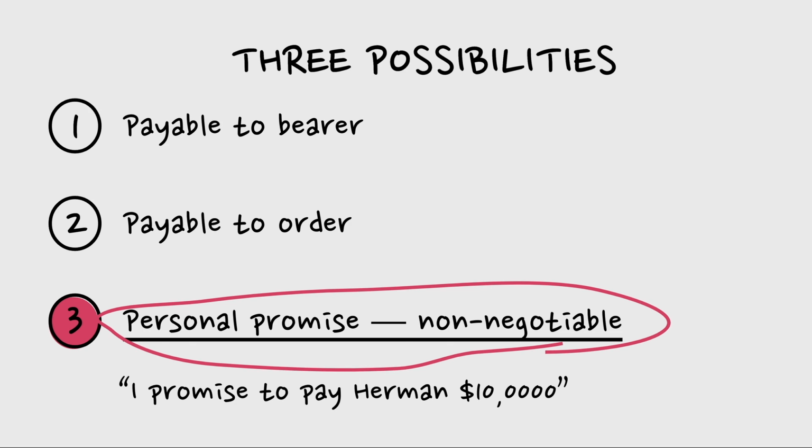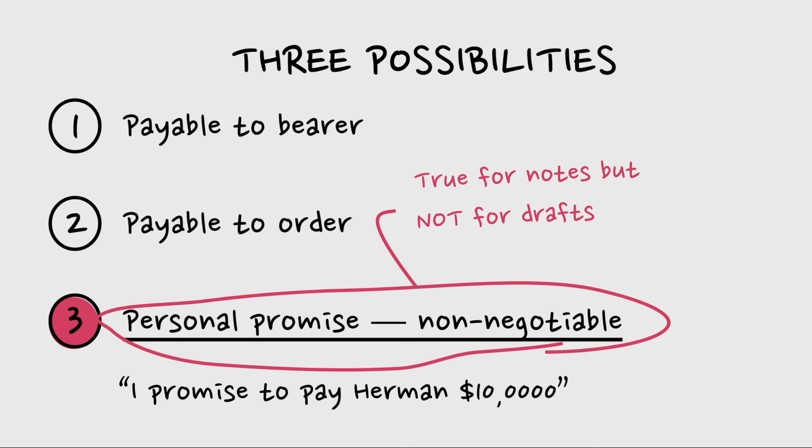However, and this is why you might say, why do you keep saying with a note? Because if it's a draft, if it's a check, then you don't need to worry about it. It's okay. With a check, if it does contain just a personal promise, that's okay. That draft is still negotiable.